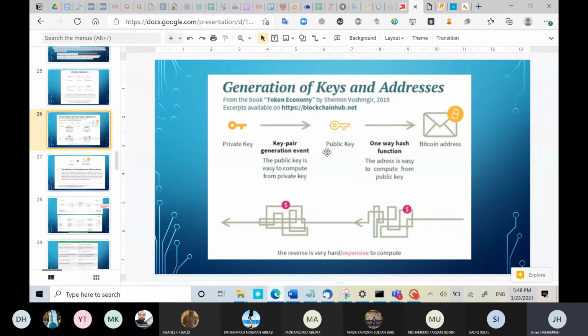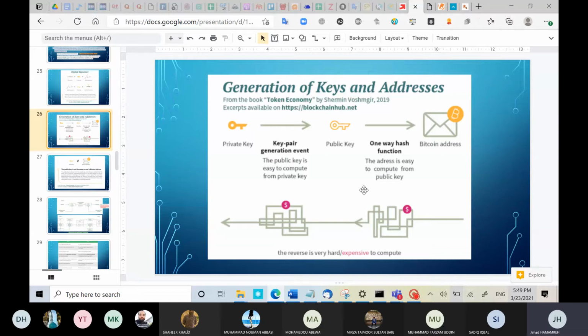The same goes for the Bitcoin address. Anybody who wants to send money should use this address, which resembles the public key, but you cannot derive the public key from it in an efficient manner. The reverse process is very expensive and complicated.